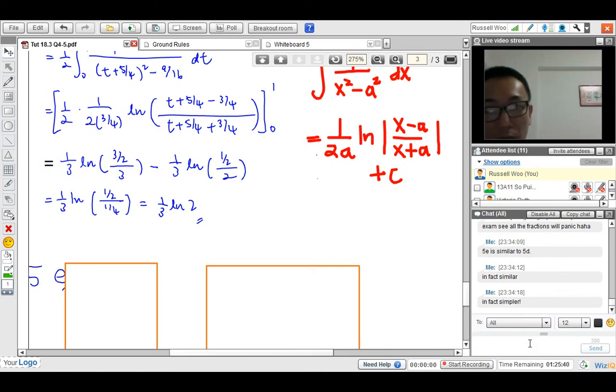In fact, simpler. When we substitute, when we want to find cosine square theta, we want to change cosine square theta in terms of t. Sine square theta is t. It's easier. You don't have to use double angle formula. Can we all try and construct a right angle triangle to do the substitution?